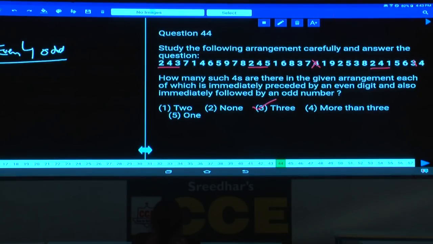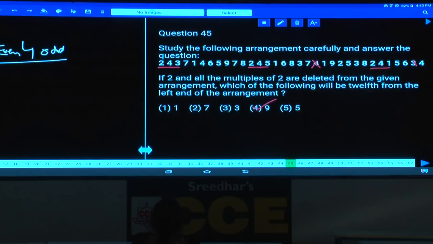Then 45. Now question number 45. If 2 and all the multiples of 2 are deleted from the given arrangement, 2 and all the multiples of 2 means all the even digits are removed from this one. Then which of the following will be 12th from the left hand? Check out, the 12th from the left hand means the 12th odd digit from the left hand.